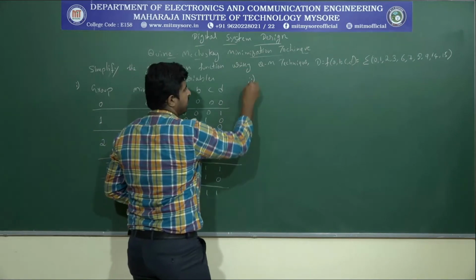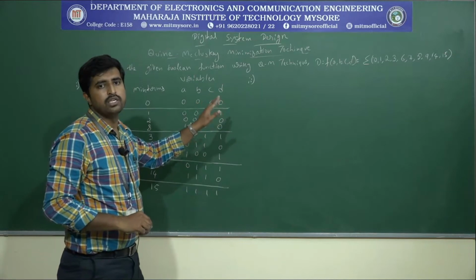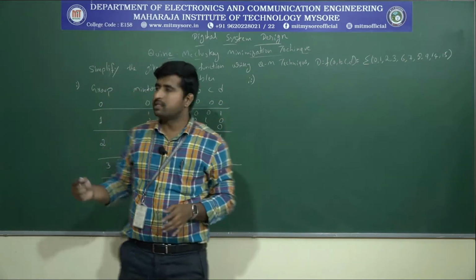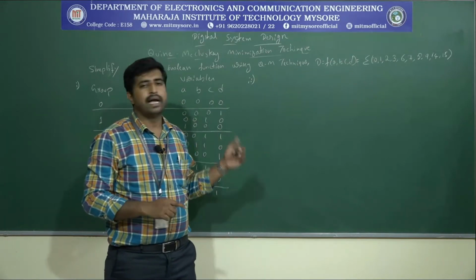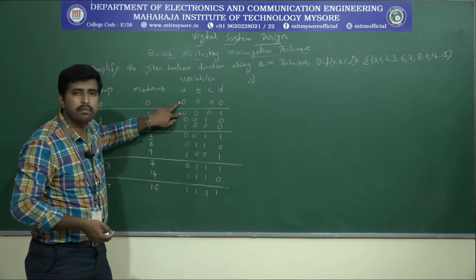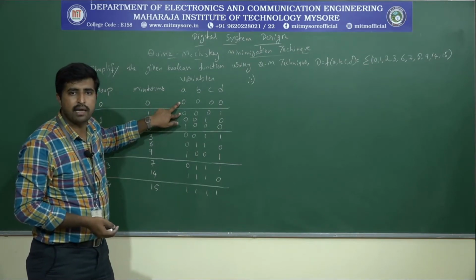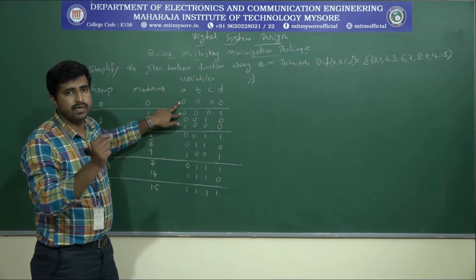So we are creating the second table, converting the single min terms to 2 min term groups. When you are comparing, we need to look at the variables which are all the same but differ in only one variable, and that needs to be considered.